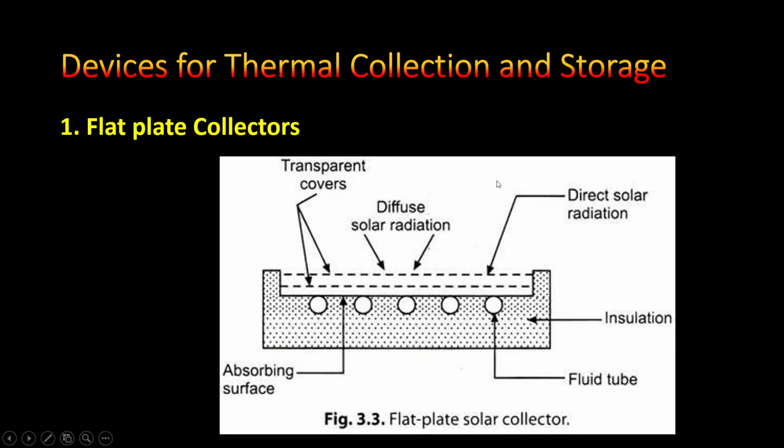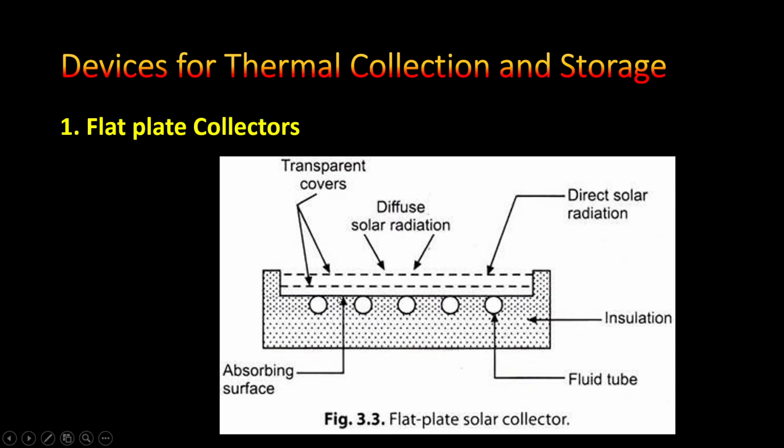The flat plate collector, as the name indicates, is a flat plate which is coated with absorber material, usually black in color. In this figure you can see the absorbing surface or flat plate, which is painted black, and sometimes we also use some absorber material on the surface.